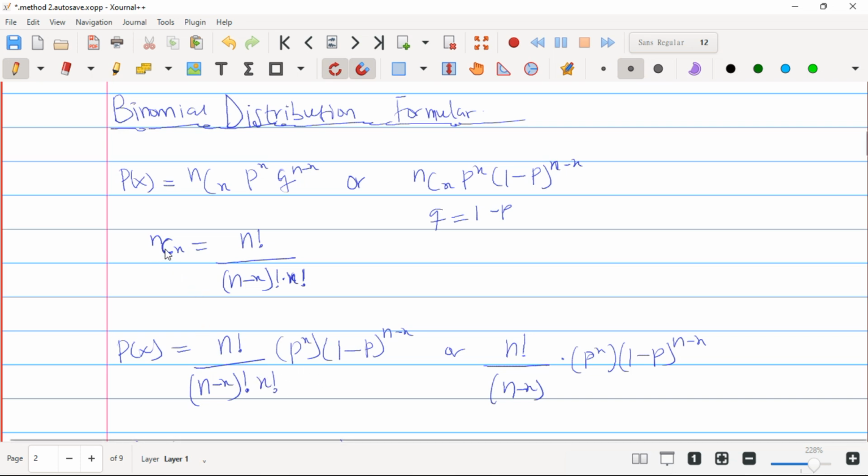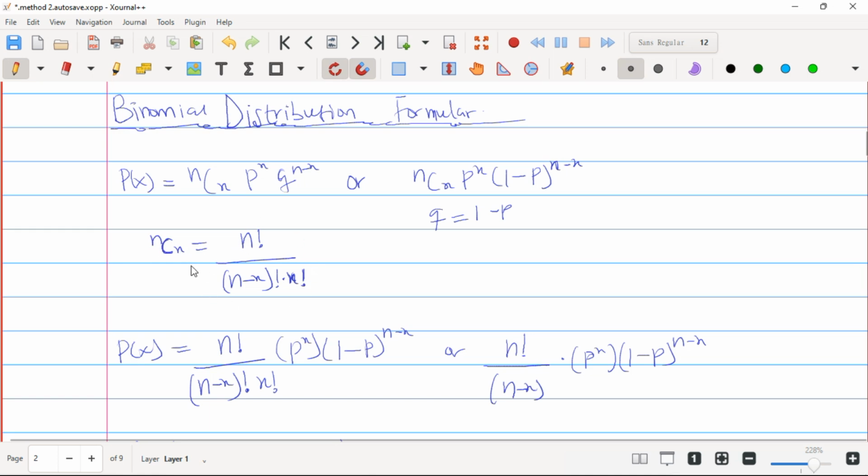Here, n combination x is traditionally equal to n factorial divided by (n minus x) factorial times x factorial. This is how you can express n combination x.